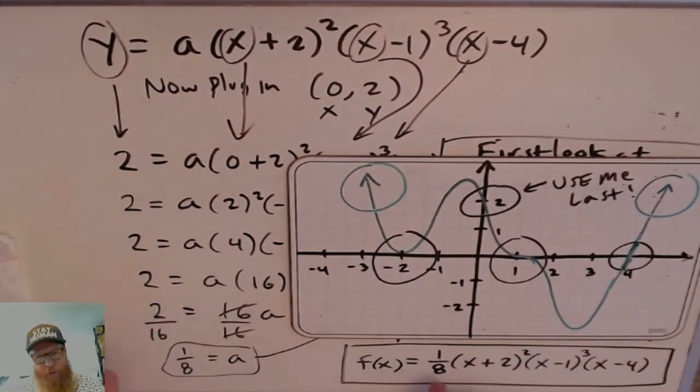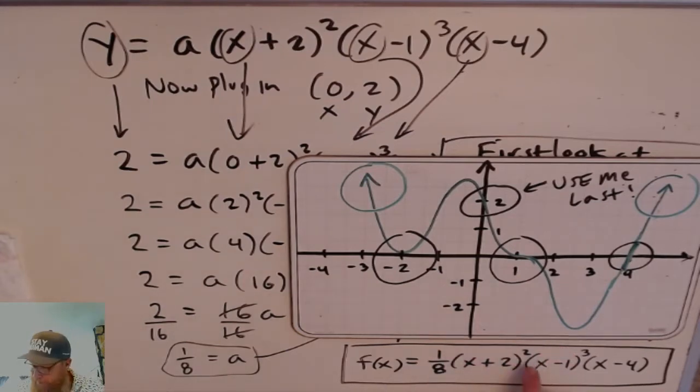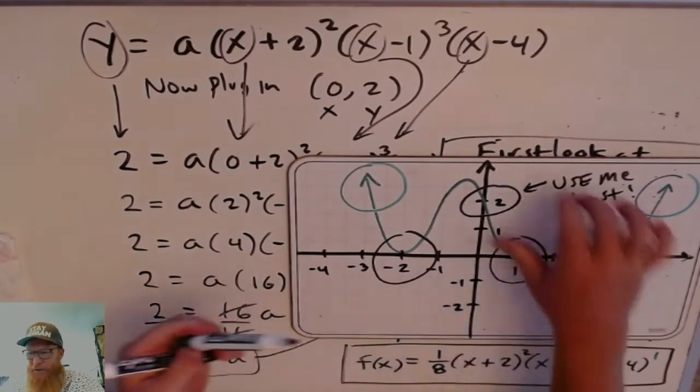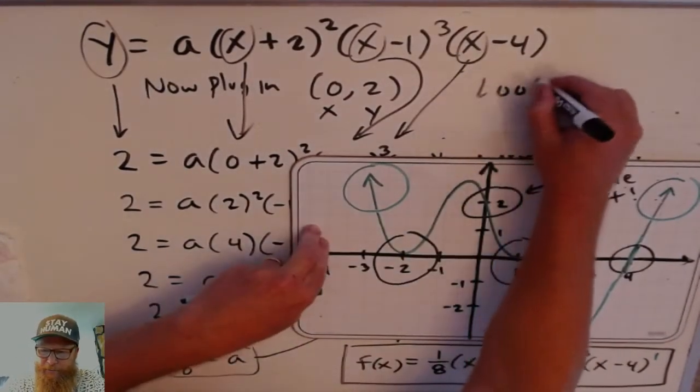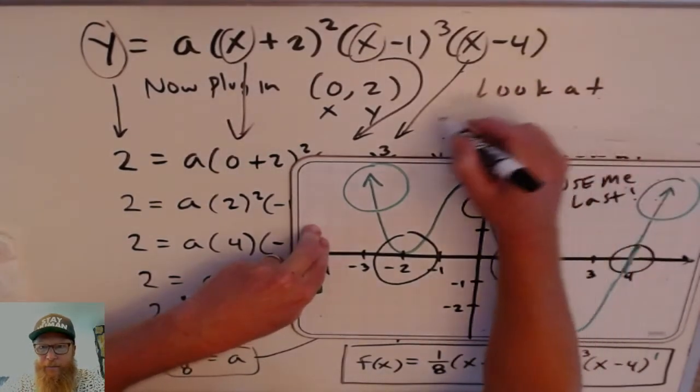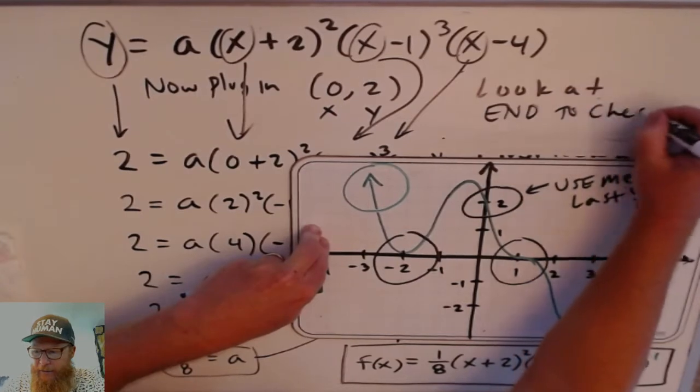And the leading coefficient should be positive, right? So far so good. The leading coefficient is positive, and the degree is 1, 2, 3, 4, 5. And remember, there's an invisible 1 here, so the degree is 6. So you could check the end behavior.